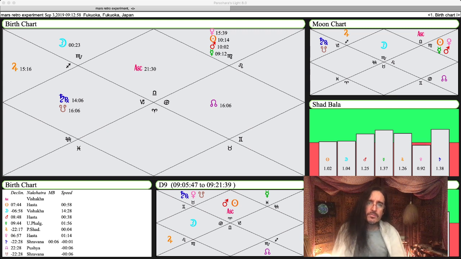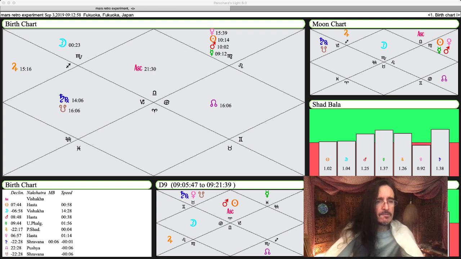10 degrees Virgo. The declination on Mars was 8 degrees north. The declination on the sun was 7 degrees north. Mars was 8 degrees 48 minutes north, and the sun was 7 degrees 44 minutes.